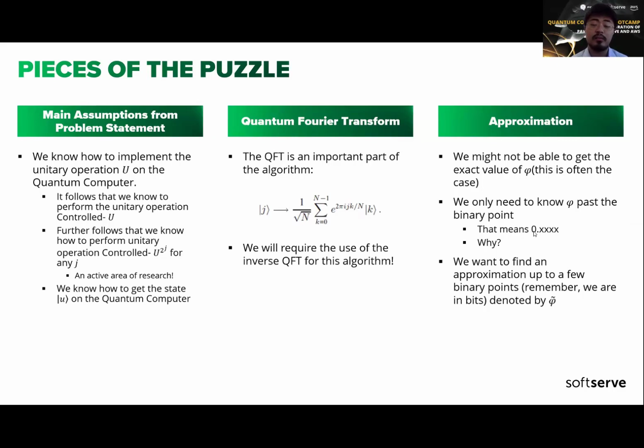Note that I'm saying binary point instead of decimal point because we are working entirely in the binary number scheme at this point. So we're not caring about any numbers to the left, we're only caring about numbers to the right. Can anyone tell me why that is the case? Does anyone know why that is the case?